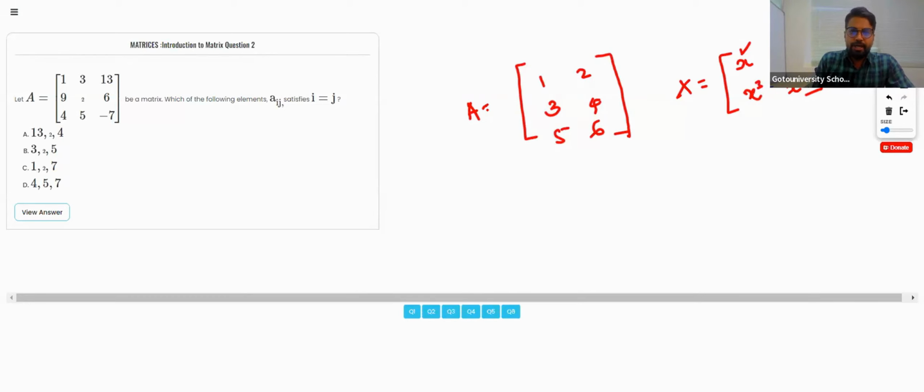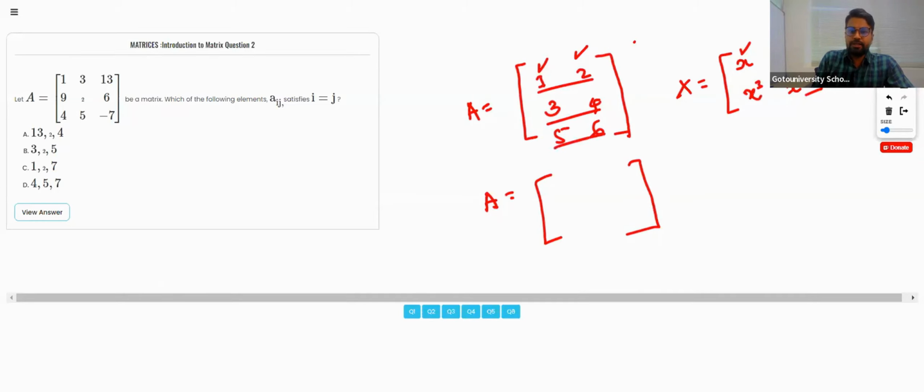Now, how to understand and nominate these elements? So the entries we have here, we call them elements. Suppose I am writing a matrix of a random order, I need to understand which element I'm referring to. For example, this is the number of rows and this is the number of columns.